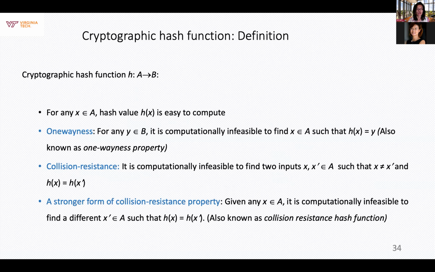You may be able to find two inputs that collide to the same hash value, but if I tell you my social security number, 1 2 3 4 5 6, can you find another social security number that produces the same hash value? That will be a lot harder to do from an attacker's point of view.